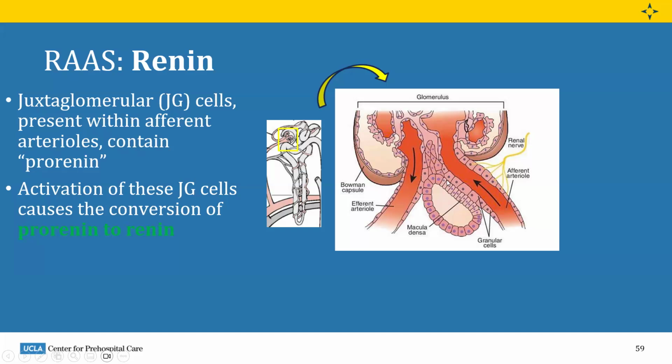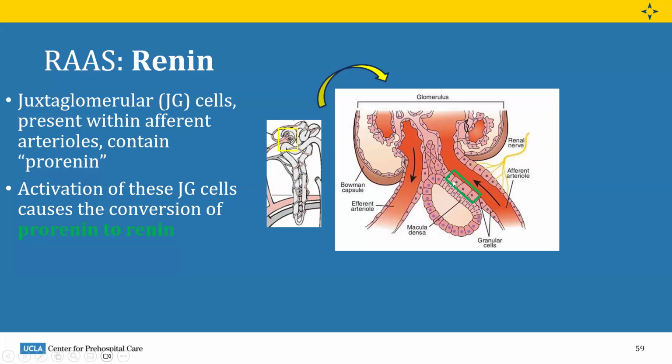Essentially this is how our renal corpuscle monitors the salt levels of what's happening further down, which is pretty cool. Right here, if we zoom in, this is our afferent arteriole.